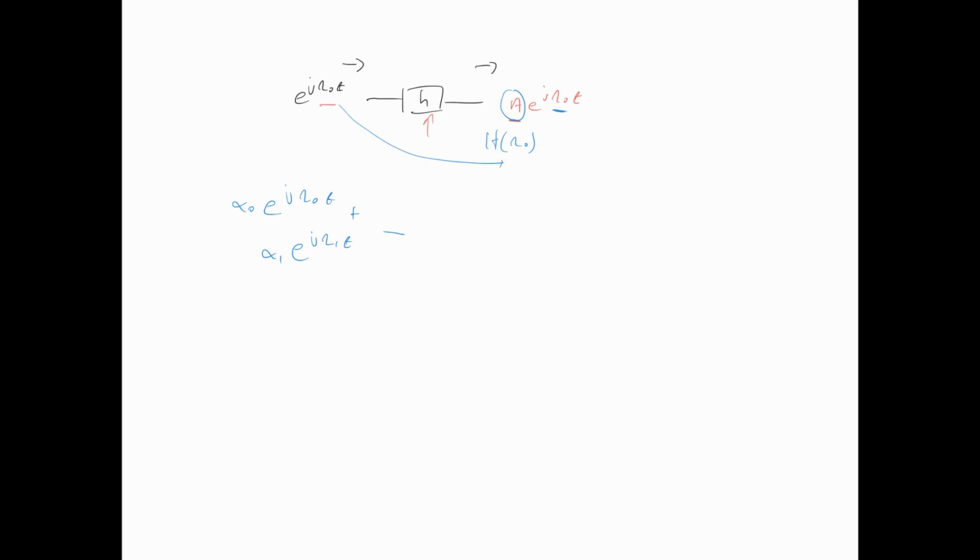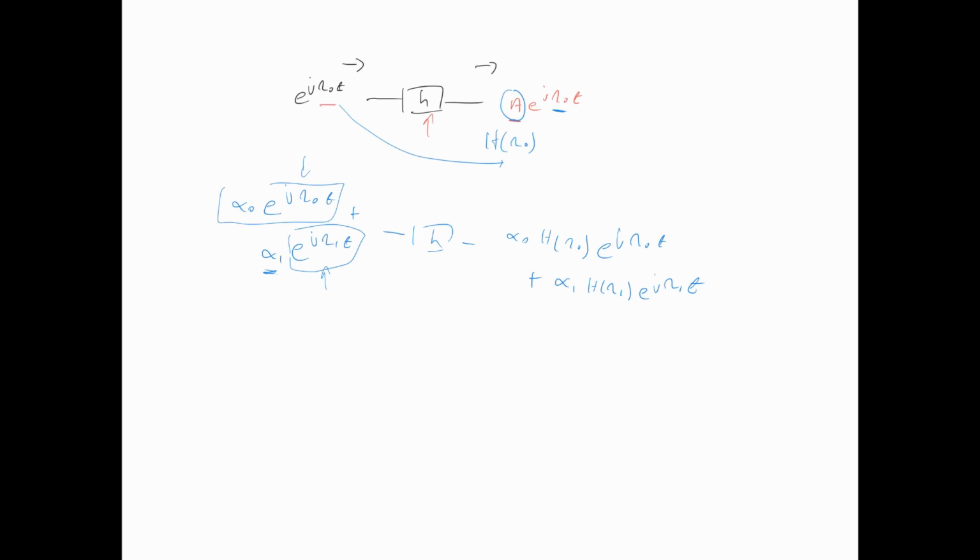If this signal goes into my system, then the output is going to be, well, because it's linear, I can process these input subcomponents separately, so the output is going to be alpha naught h of omega naught e to the j omega naught t, that's this component here, plus, and now I first process this component, and then I just multiply it by alpha 1 due to linearity, and so my output is going to be given by this.